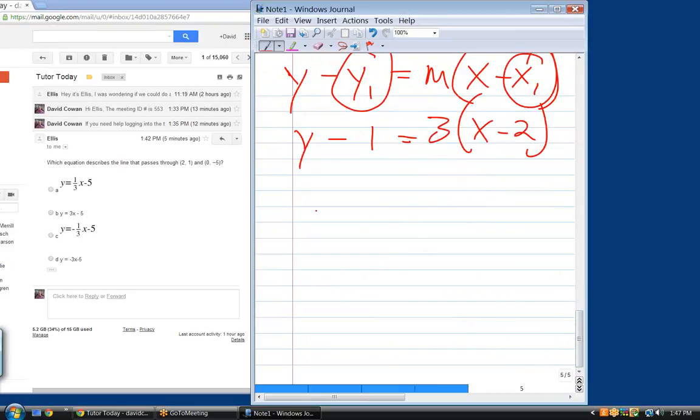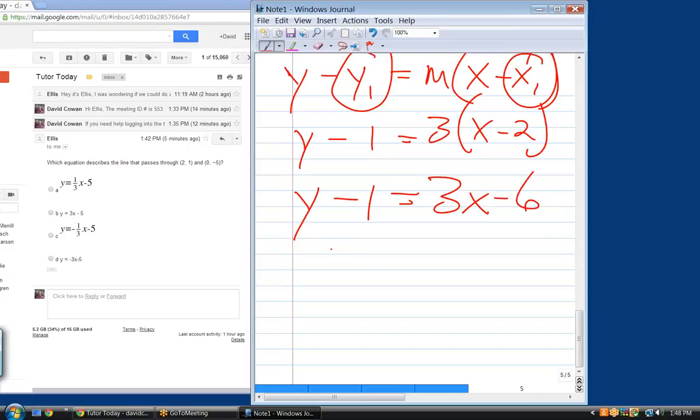Now, once again, if they didn't specify the format that they wanted it in, well, all of our answers are Y equals. So let's solve this for Y. What do we get? So we could go, this first step, let's distribute. 3x minus 6.